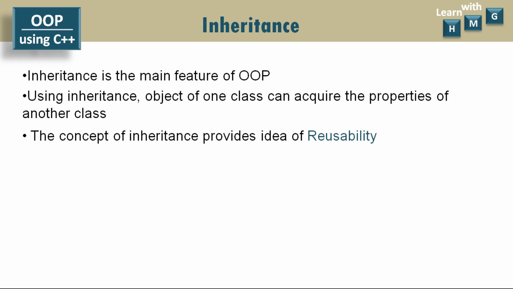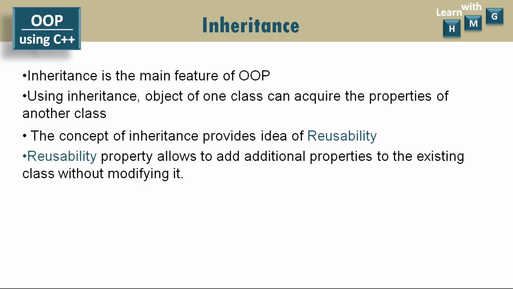Reusability means you can reuse the properties of an existing class in a new class, and it is not required to redefine the same properties in the new class. The properties of the existing class can be easily combined in the newly created class.